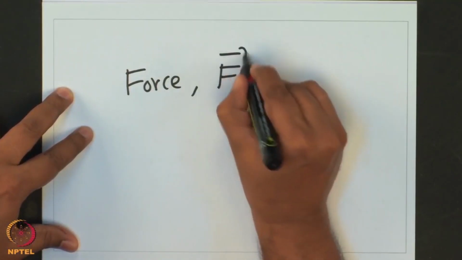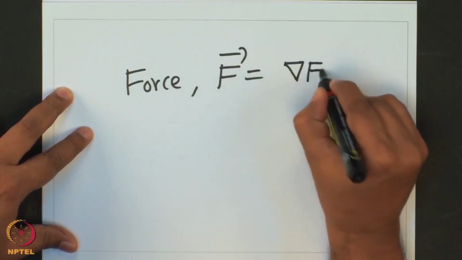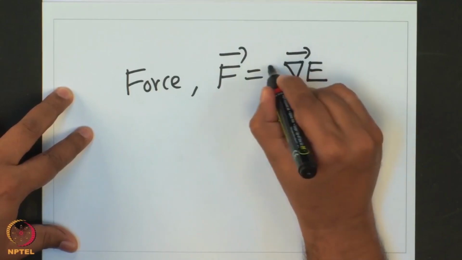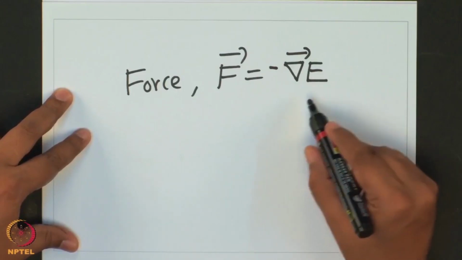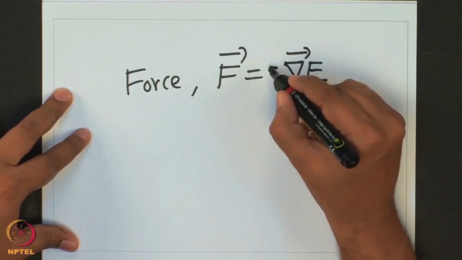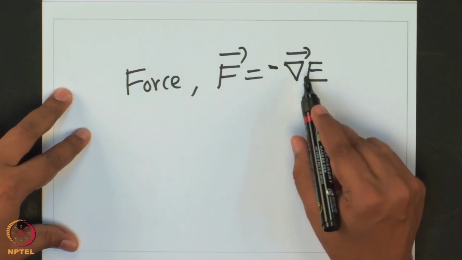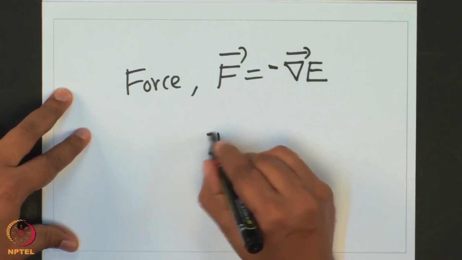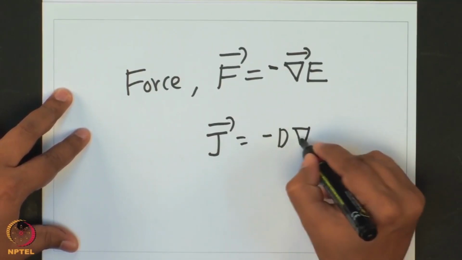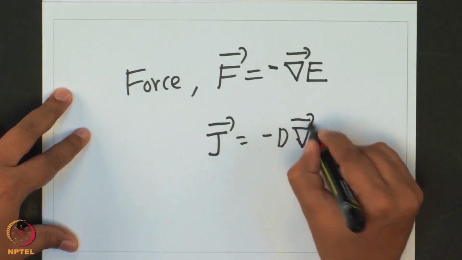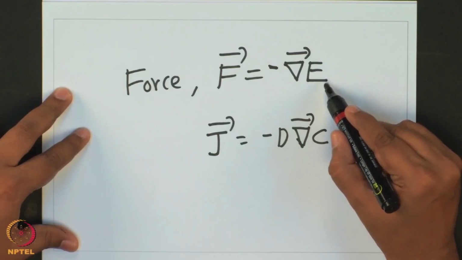Force is another very well known vector. It turns out that force is the gradient of energy with a minus sign, minus del E. Energy is a scalar, so it is the gradient of a scalar, just like concentration is a scalar, so J is minus d del C. So here concentration is a scalar, energy is a scalar.